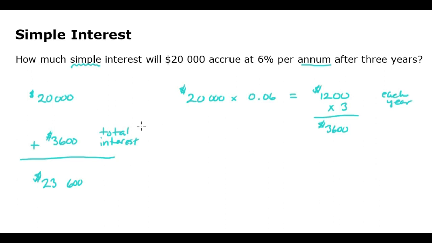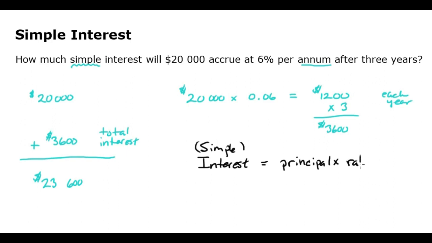And of course, we have some fancy terminology to learn. The amount of simple interest, I probably should also say simple interest here as well, but most people just use interest, is the amount of our investment, which is actually called principal, multiplied by our rate, our interest rate.